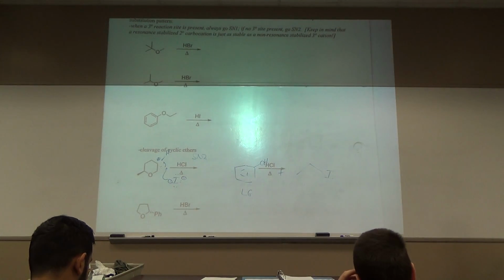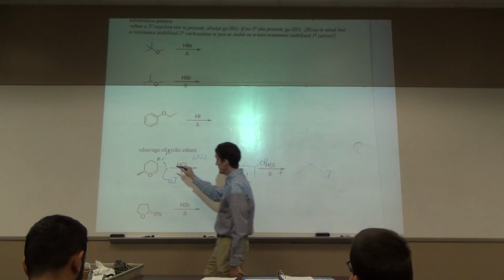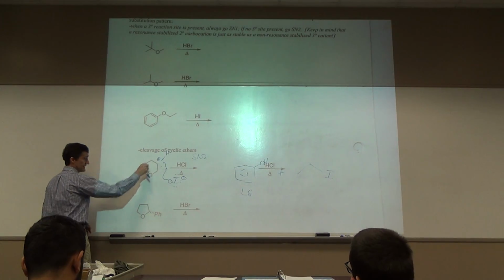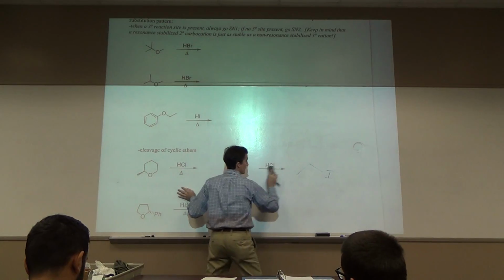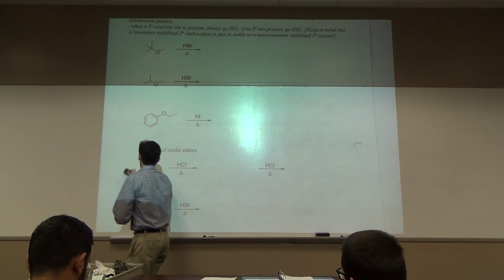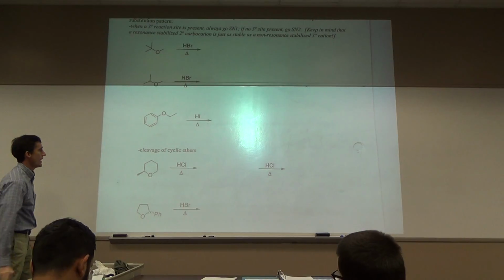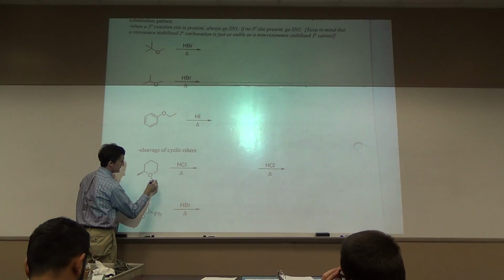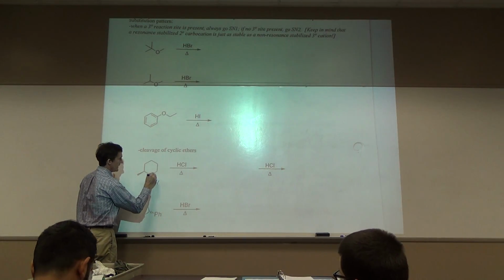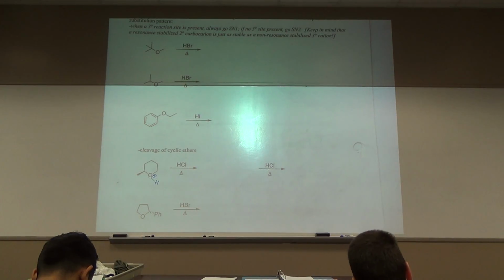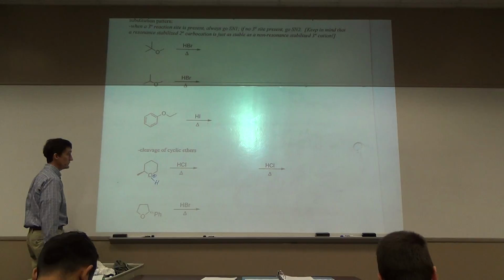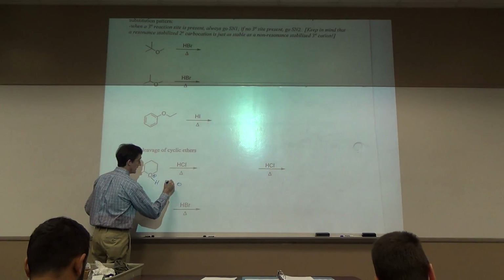Okay, what about cyclic ethers? You can have a ring with the oxygen in the ring, and thus it's a cyclic ether. Well, we got acid. You're going to protonate something. Anytime you have acidic conditions, you're usually going to protonate something, and usually that's the very first step. You protonate, you've got Cl minus.